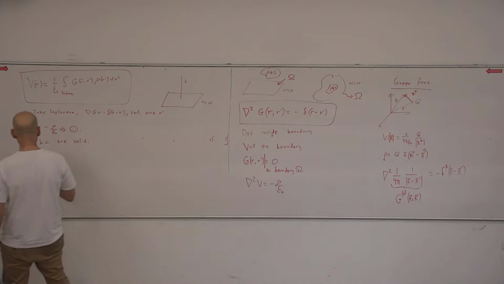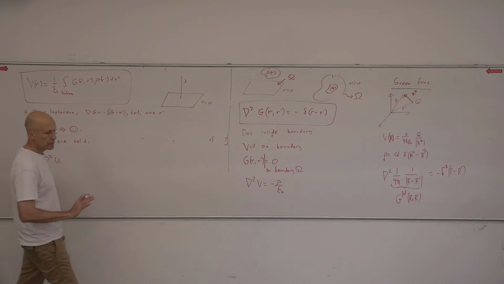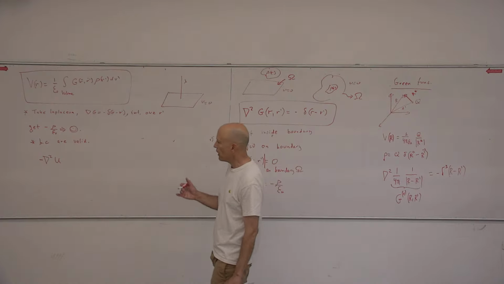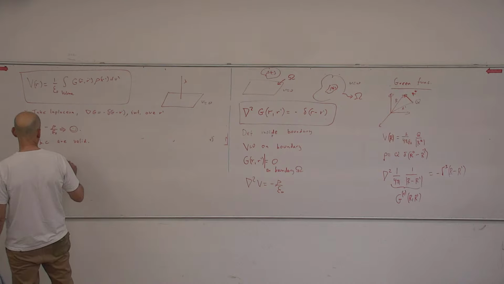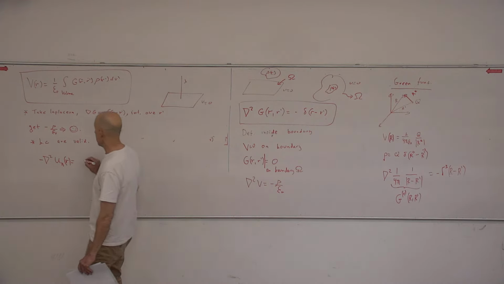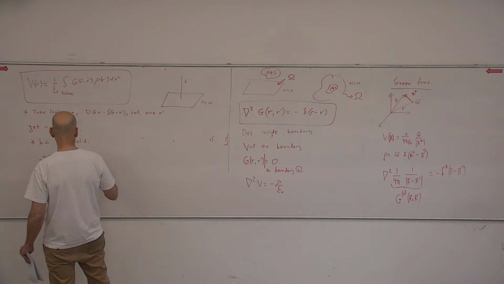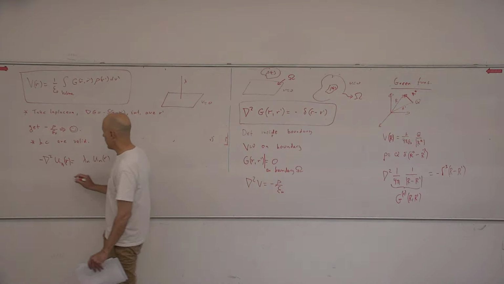So the claim is we have some general basis, whatever it is. The basis will be defined by the boundary condition. We have here some eigenfunction, and this is the Laplacian, and this is equal to lambda n u n of r. So these are eigenfunctions.